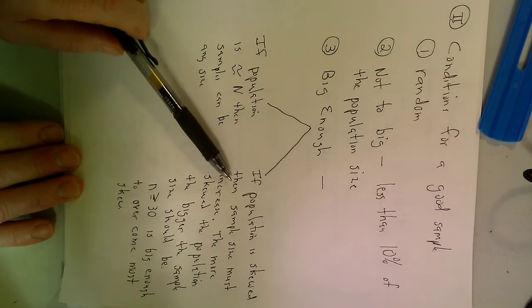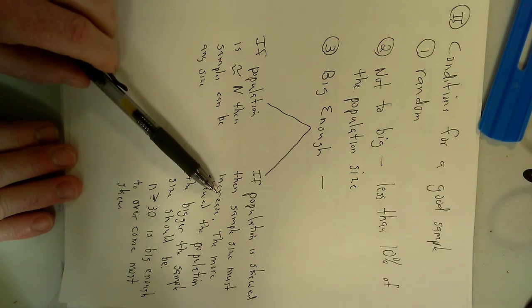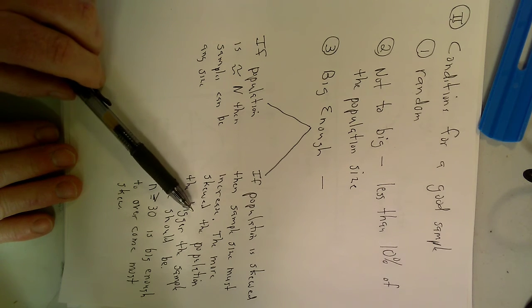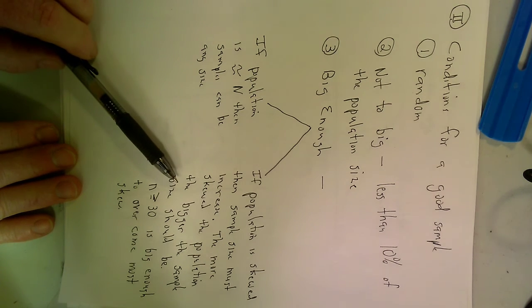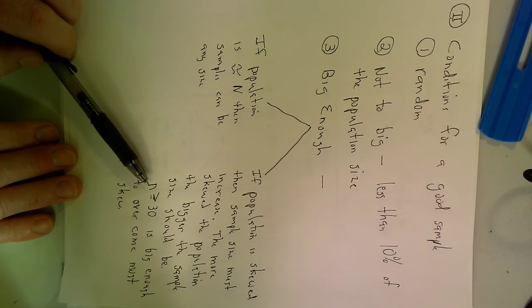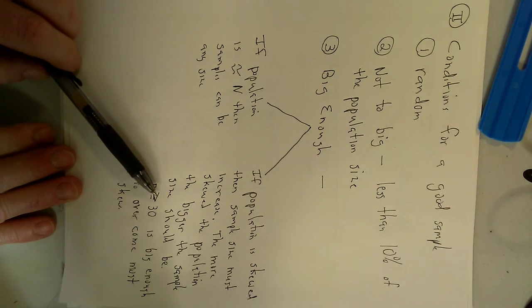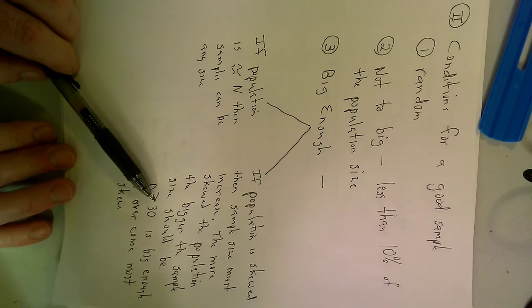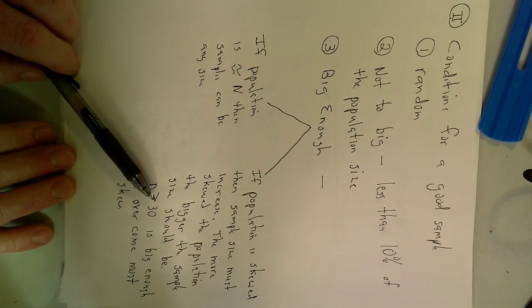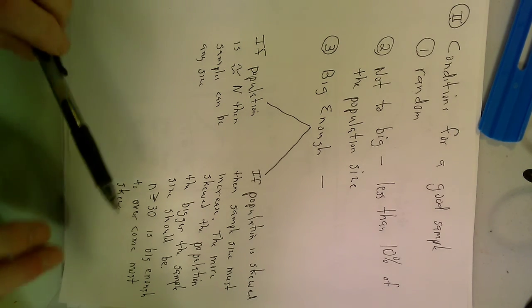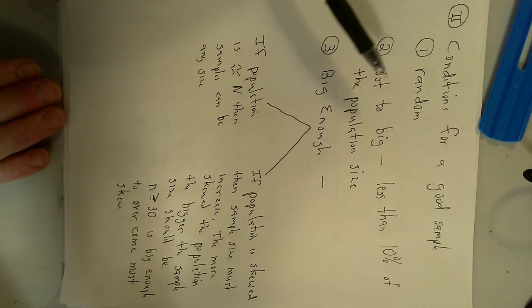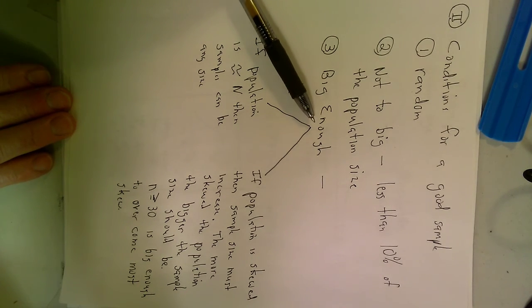So the rule of thumb is that the more skewed the population, the bigger the sample size has to be. But if you get to 30 or more, that's big enough to overcome almost any skewed population. So there's our conditions: random, 10%, and population shape.